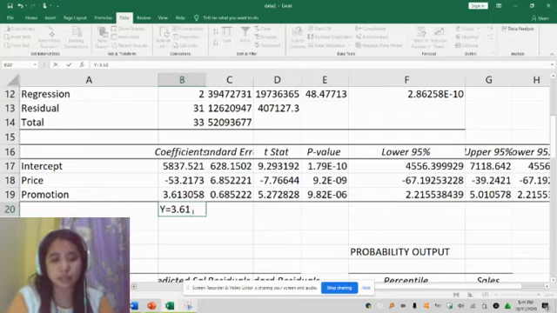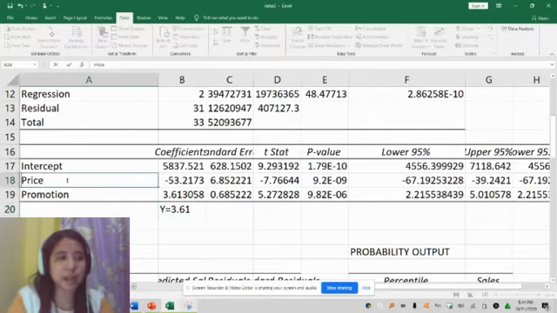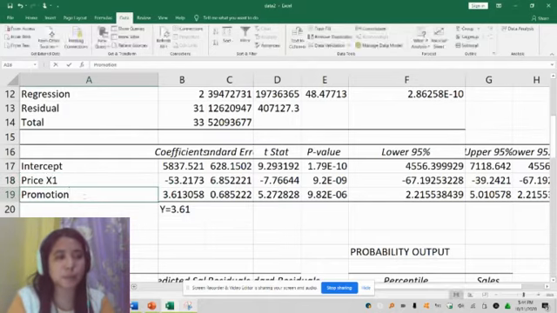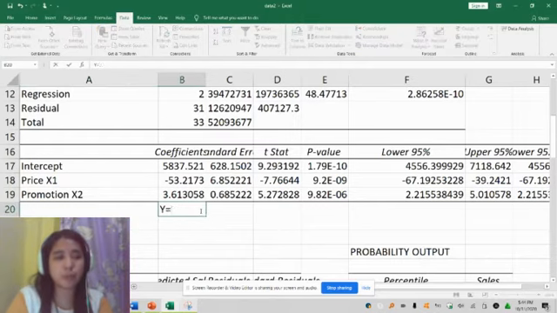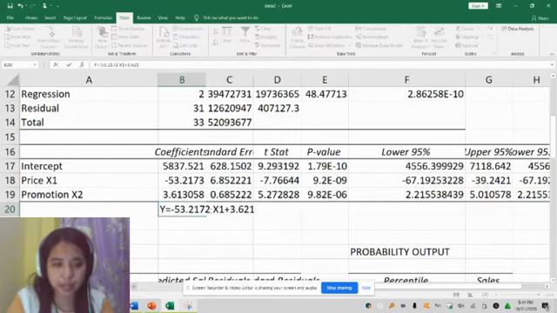If we let the price be our x sub 1 and the promotion be x sub 2, then y is equal to negative 53.2172 x sub 1 plus 3.613 x sub 2, or let us change this into two decimal places only.